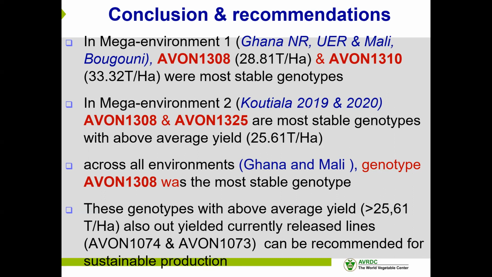Therefore, the above varieties can be recommended for their relevant mega environment, or we can also use AVON1308 as a transversal variety that can be recommended in all sites tested in Mali and Ghana.